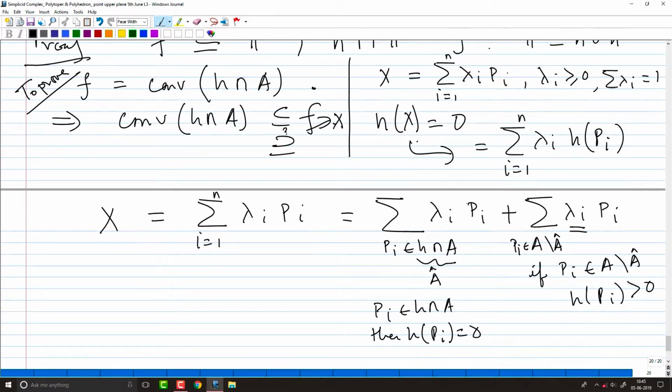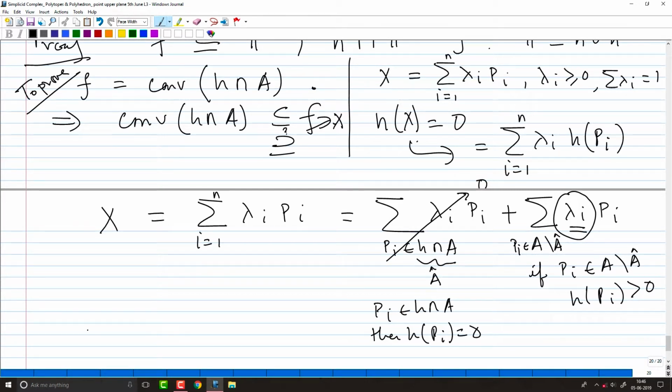When I take H inside, this part goes to 0, because each H of Pi is 0. H of Pi for Pi in A minus A hat is greater than 0. If even one lambda i there was not equal to 0, then H of X would not have been equal to 0. But H of X is equal to 0, because X lies in F. So all the lambda i's have to be 0 for all Pi belonging to A minus A hat.